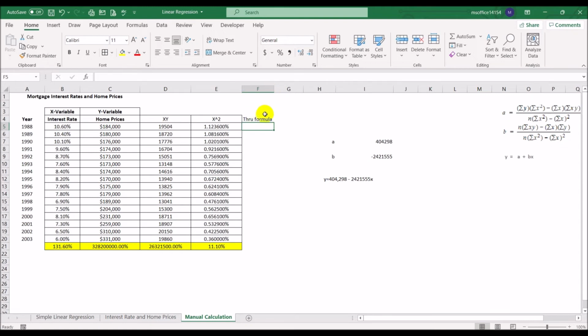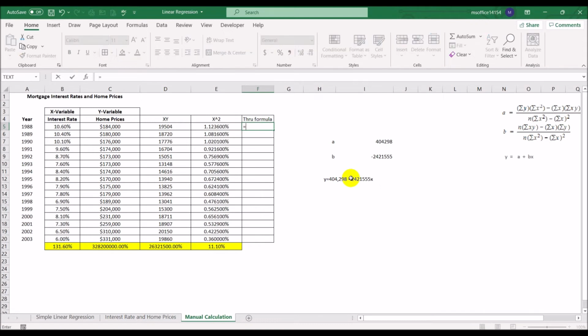Now this is your X. We'll be calculating the Y's through this formula. So this would be equal to A plus B X.